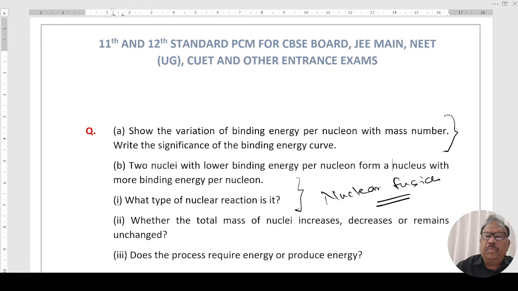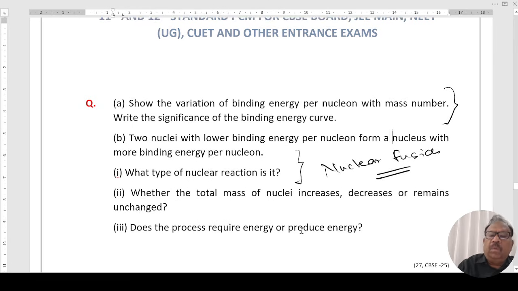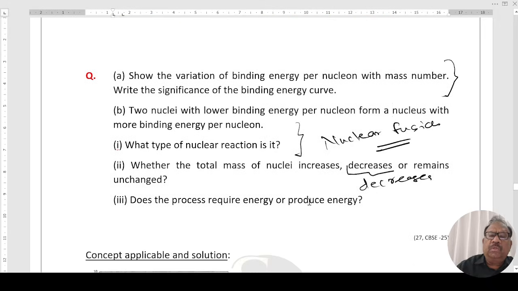Total mass decreases. Does it produce energy? It produces very high energy. This part is over.